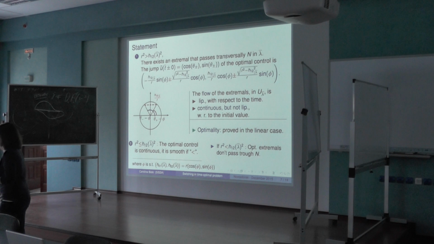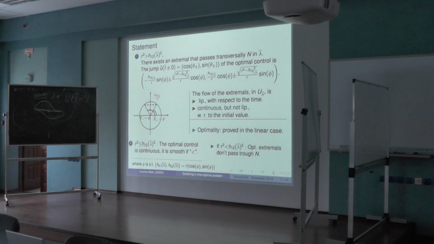By the way, turning back to your condition, I expect that if at this point the brackets are linearly dependent, then we will have a switch. In the subdomain we do not have switch.